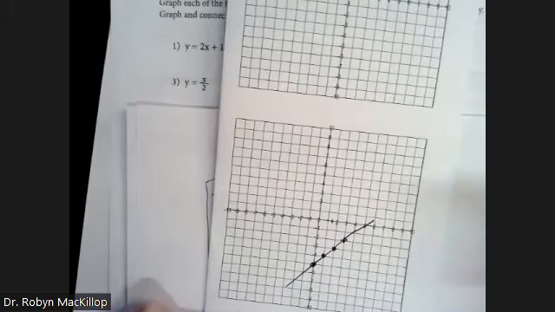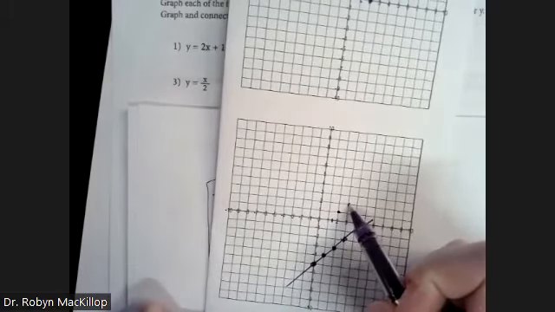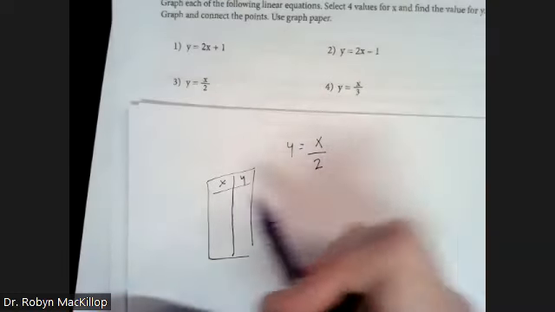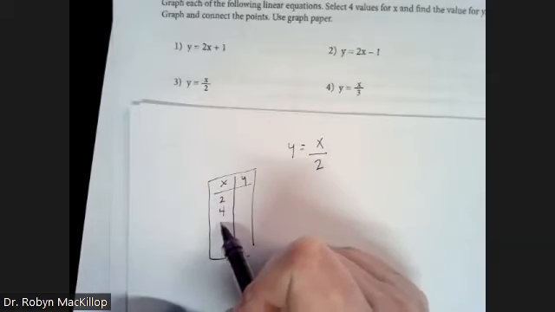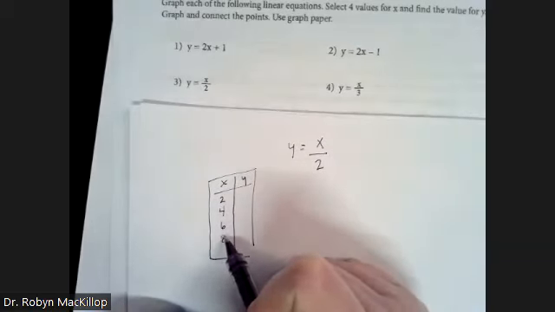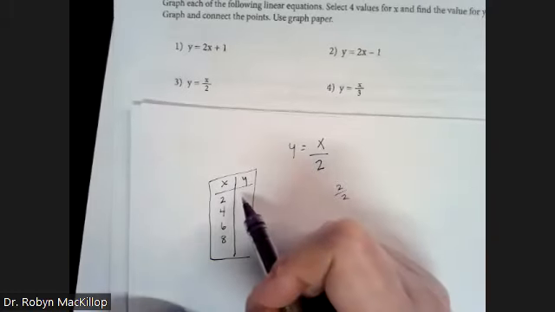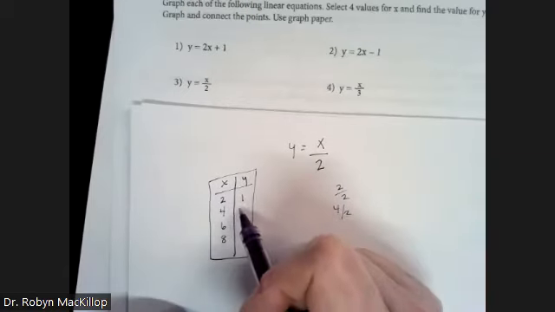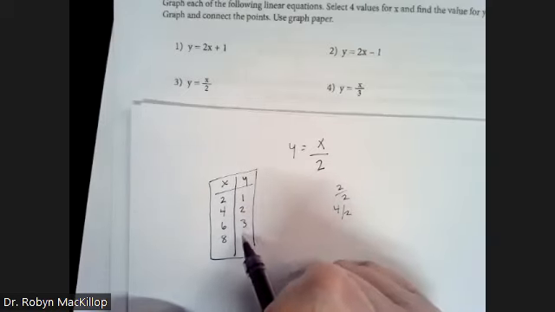Don't do that to yourself. Keep them on the grid where the grid crosses. It's much easier for you. So let's just start with 2, 4, 6, 8, and 2 divided by 2 is 1. 4 divided by 2 is 2. And look, you can see the pattern already. 3, and then 4.